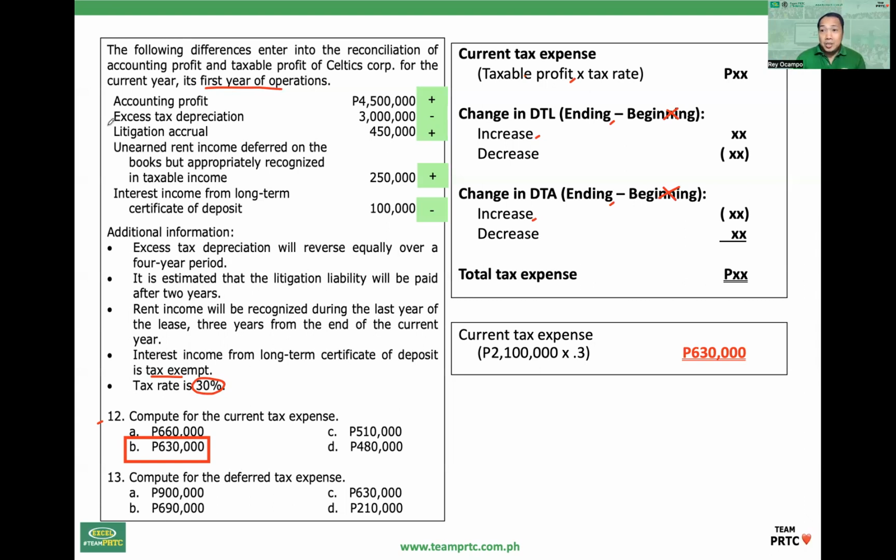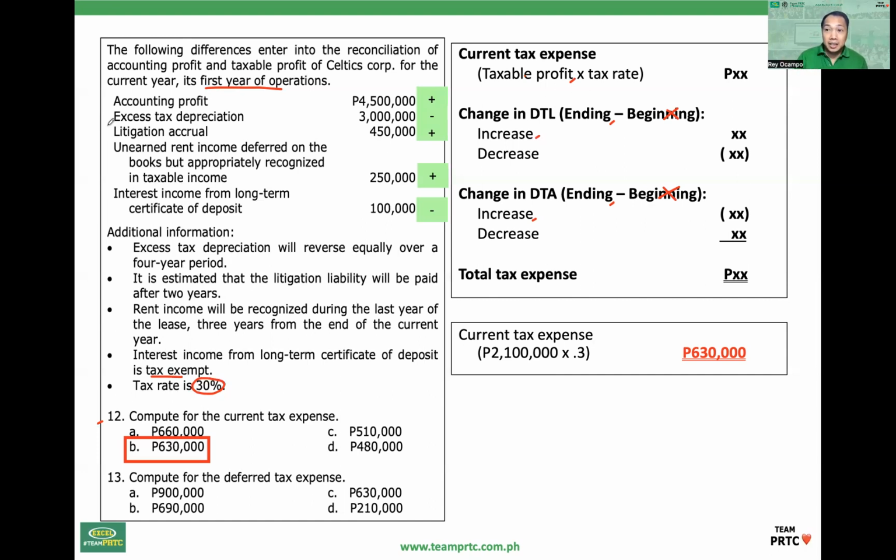Excess tax depreciation. So, expense na yan for tax purposes. Hindi na yan pwedeng i-deduct later. So if not deductible later, it means less expense later for tax purposes. So anong effect niyan sa taxable profit? Increase, kasi less expense na for tax purposes.